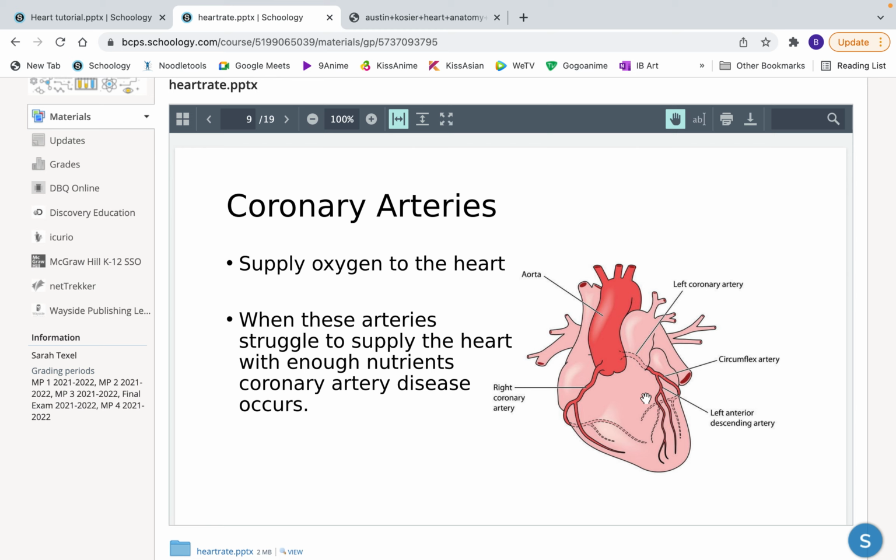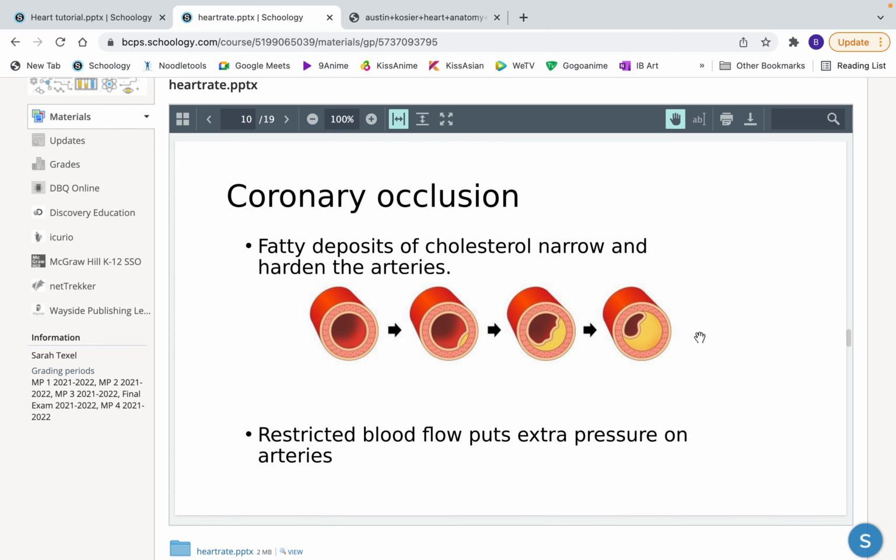So when these arteries are not having as much luck and they're struggling to supply these nutrients, coronary artery disease has the possibility of occurring. Coronary occlusion. So coronary occlusion is going to be when cholesterol, which is essentially just fat, builds up in those arteries.